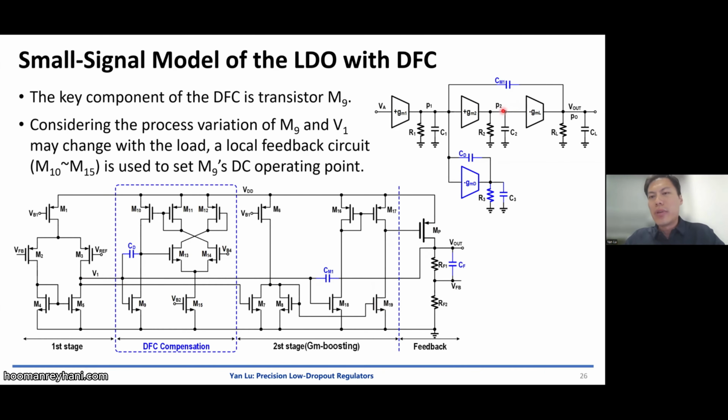And then on the right, we have the small signal model, Vout fed back to the output of the first stage, and the damping factor control circuit will tune the relationship between pole 1 and pole 2. In this case, the output pole is the dominant one, actually. So it will increase the damping factor, to make the circuit more stable and reduce the peaking in the frequency domain.